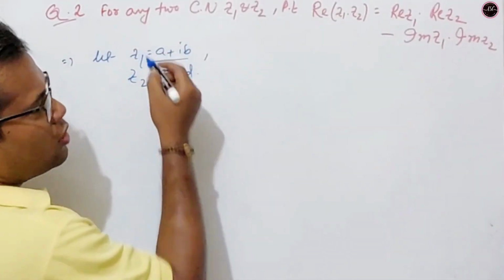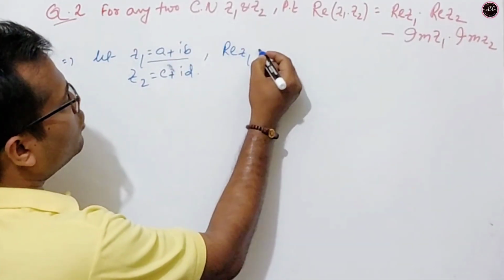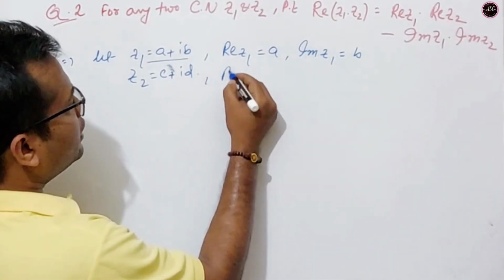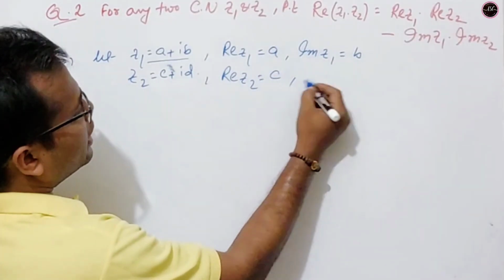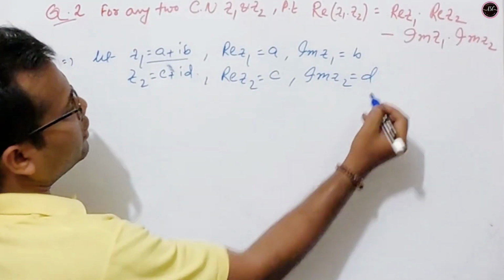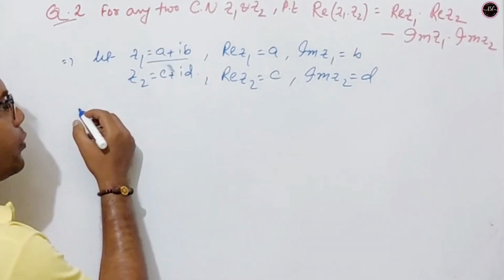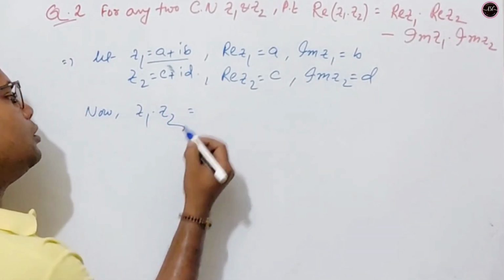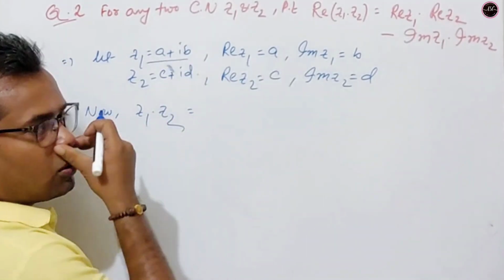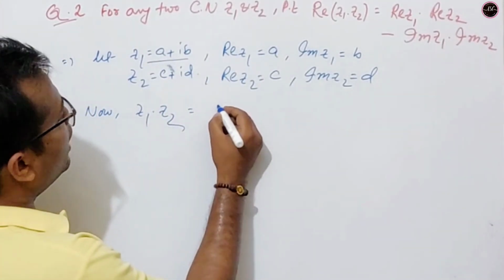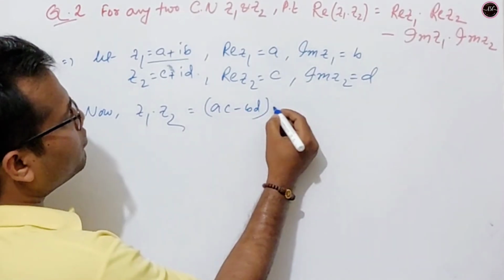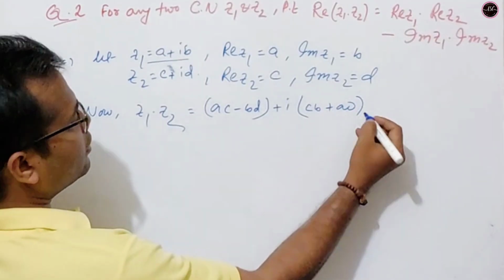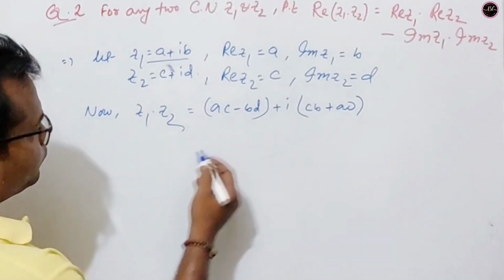Therefore if Z1 is equal to A plus IB, then real Z1 equal to A and imaginary Z1 equal to B, and here real Z2 equal to C and imaginary Z2 equal to D. Then now Z1 dot Z2 equal to simply multiply. That means we should apply the formula of multiplication. Therefore we have AC minus BD plus I of CB plus AD. Z1 Z2 here.